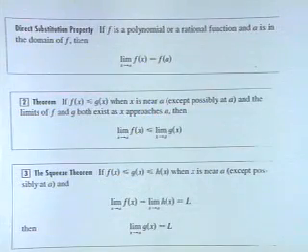This direct substitution property: if f is a polynomial, which we just had, or a rational function, and a is in the domain, so a is not a bad value, it's not a vertical asymptote, it's not a point that creates a hole in the graph, so it's a simple, benign, nice value, there's nothing wrong with direct substitution.